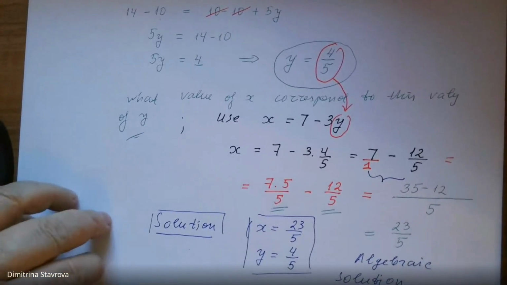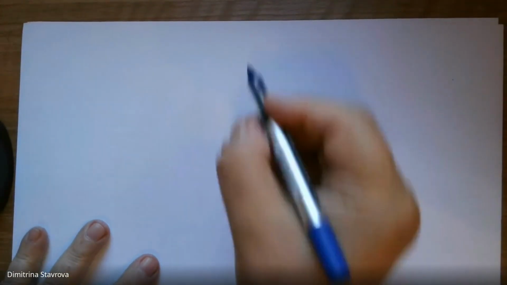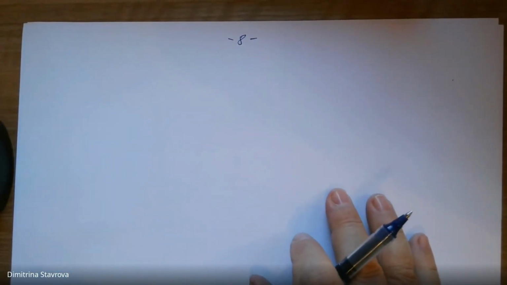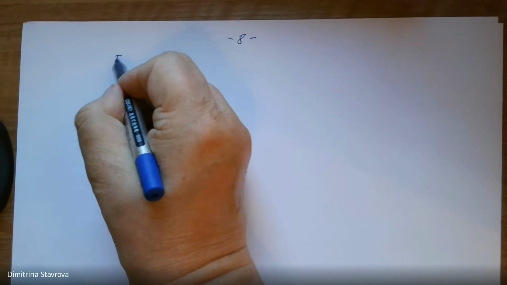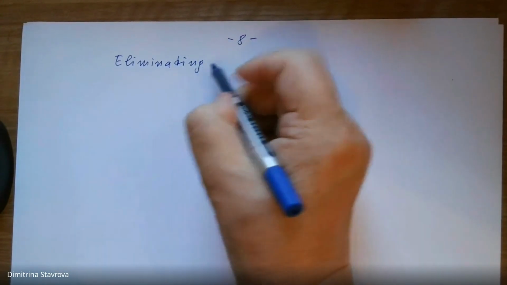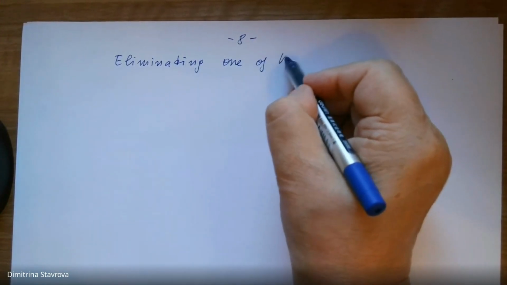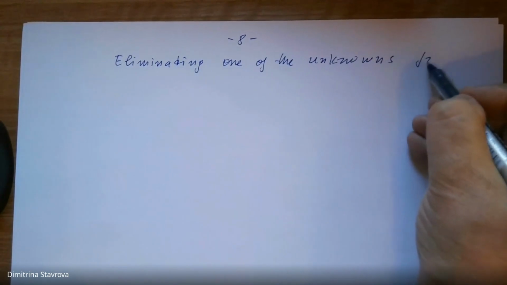Through substitution, we can have other ways of solving such a system, namely, for example, by eliminating one of the unknowns from both equations.